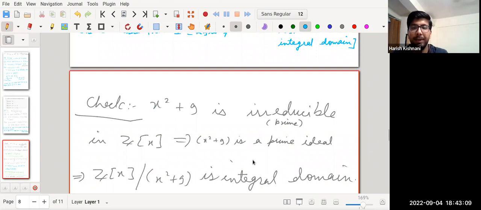Yes, and a prime ideal is generated by a prime element, and here all irreducible elements are prime. So if it is a prime ideal, then it has to be generated by some irreducible element. And you can see that x² + 9 is an irreducible element in ℤ[x] because it is irreducible in ℝ[x] also, right? It has no real roots. It has complex roots.